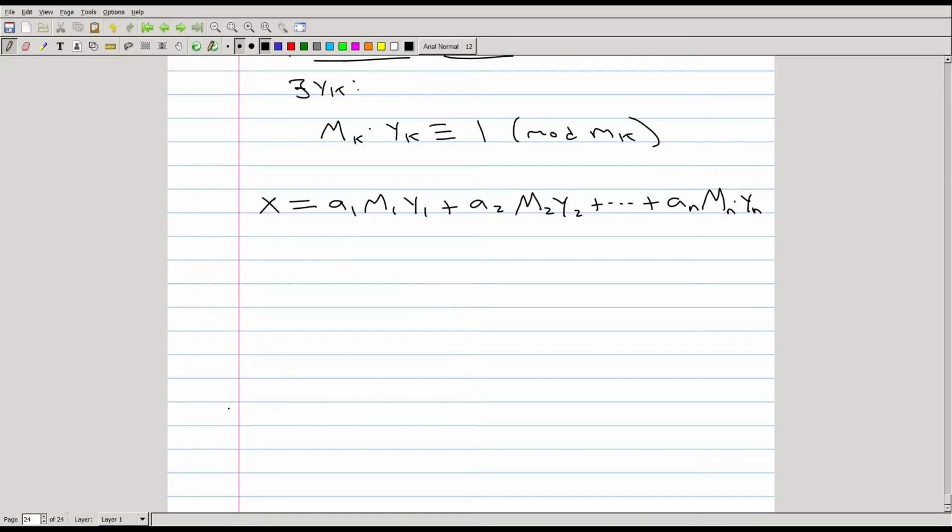And it's relatively easy to go through and show that x is a simultaneous solution that we're looking for.